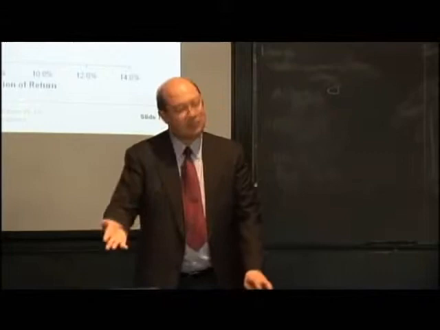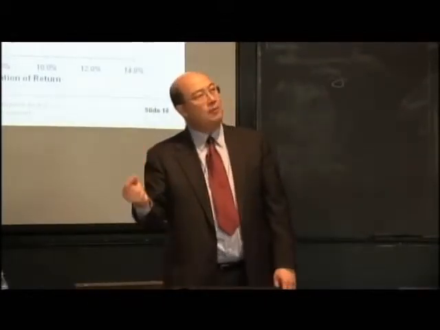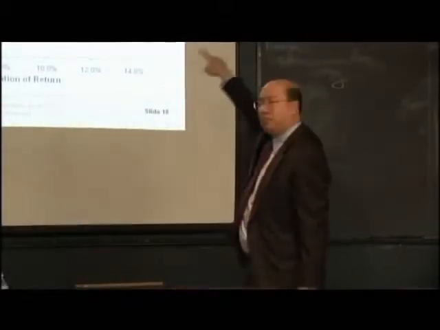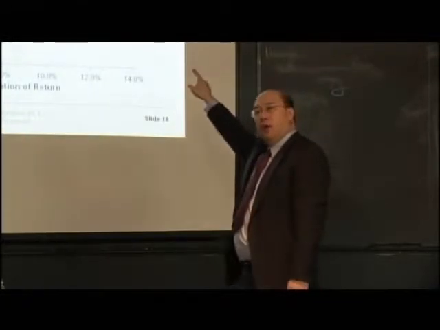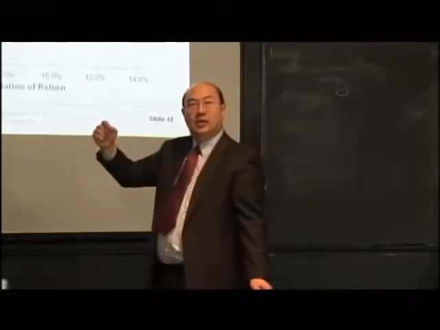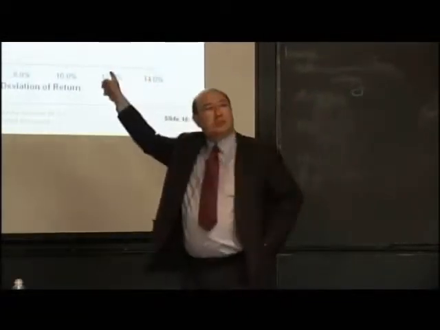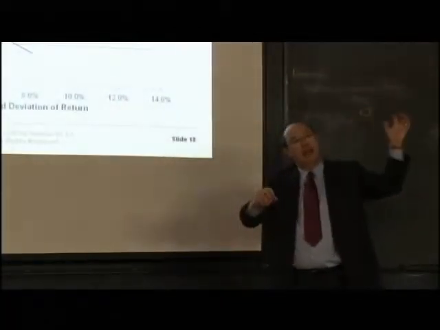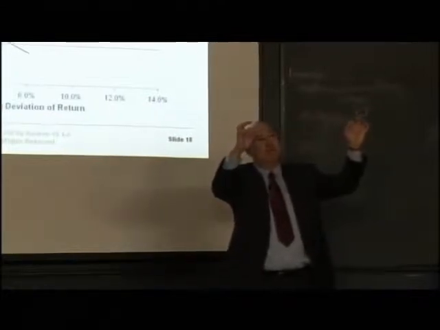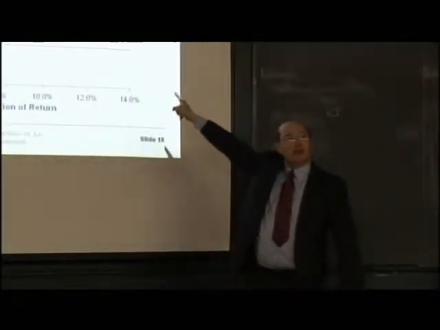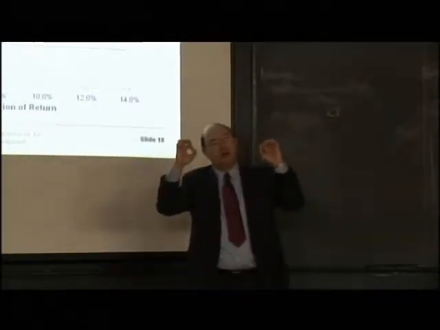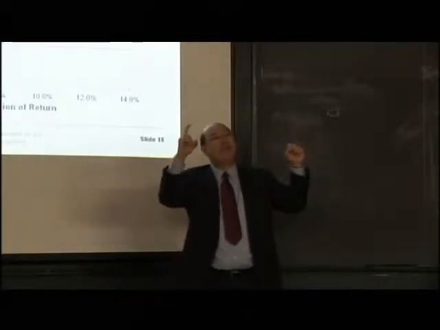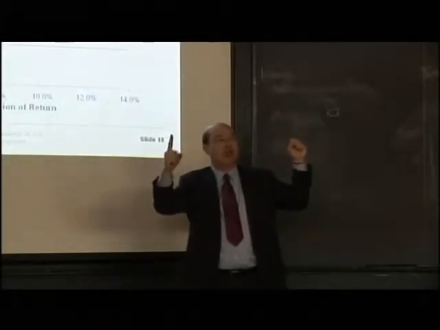So while you're looking at this graph, you have to remember that as you move along that bullet, the omegas, the weights, are changing. So at the General Motors dot, your weight for General Motors is 100%, and your weight for Motorola is 0. At the Motorola dot, your weight for General Motors is 0, and your weight for Motorola is 100%.